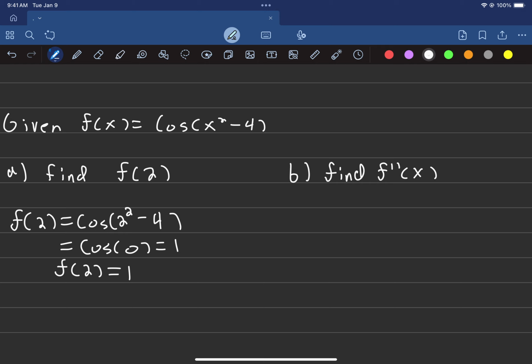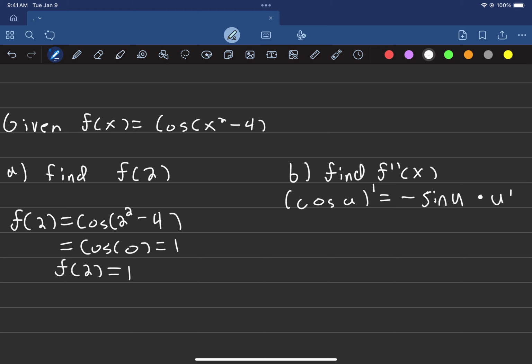So let's do that. This is a simple chain rule problem, and the rule for this idea is that if f of x is equal to cosine of u, the derivative of cosine of u is equal to negative sine, because the derivative of cosine is negative sine, of u times u prime, which is the derivative of the inside.